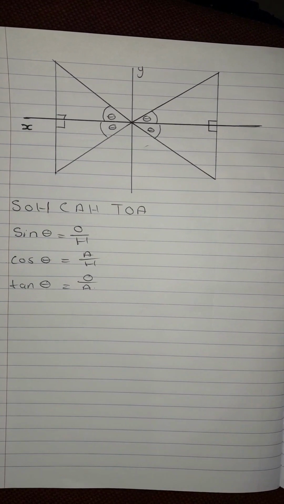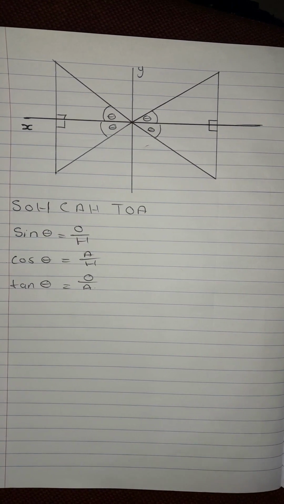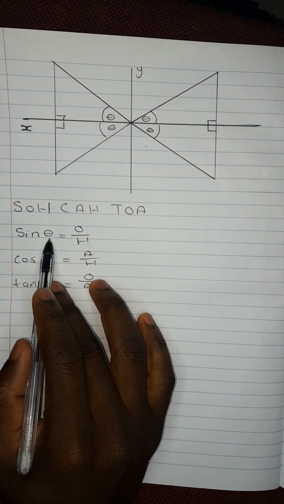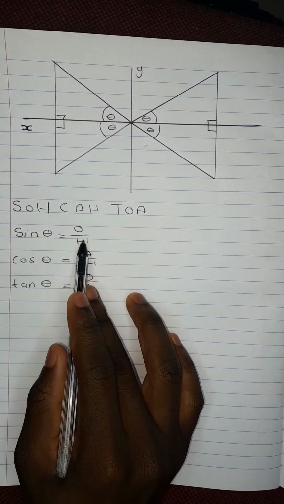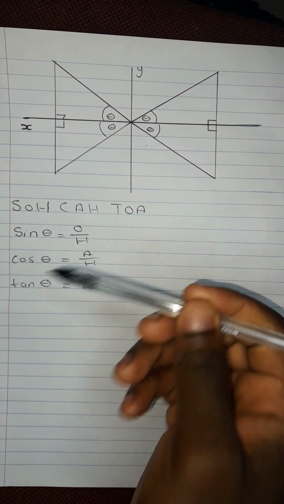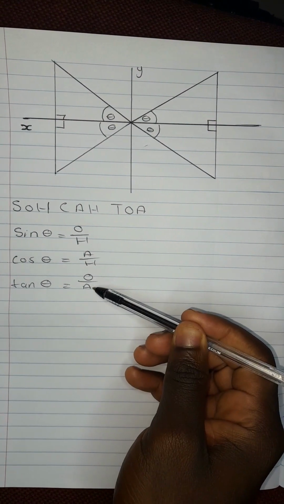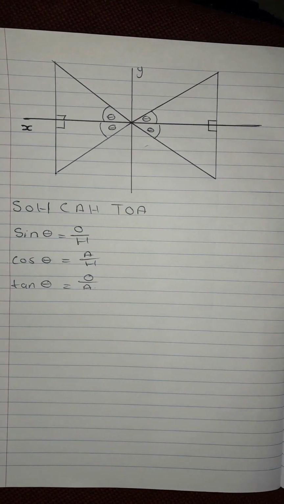As we were busy with trigonometry, I want us to try and apply SOHCAHTOA on our Cartesian plane. We know that sine is equal to opposite over hypotenuse, and our cos is equal to adjacent over hypotenuse, and our tangent is equal to opposite over adjacent, from SOHCAHTOA.